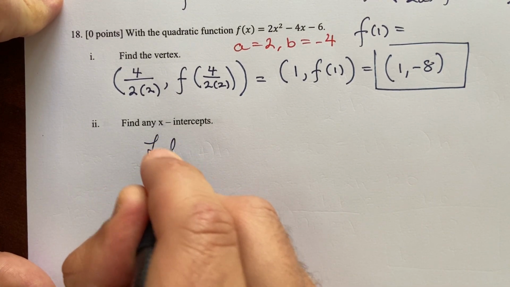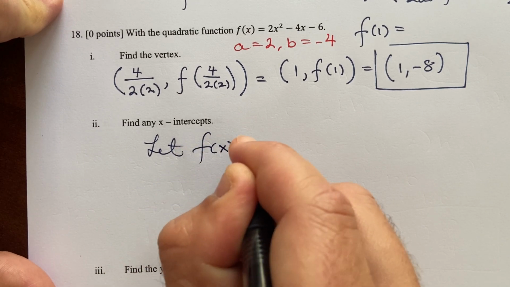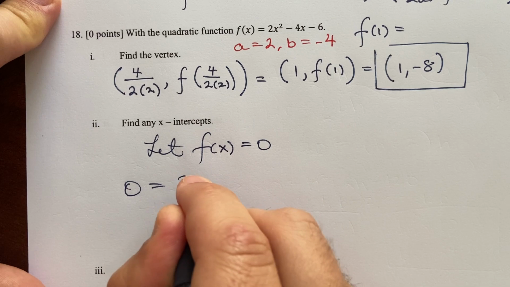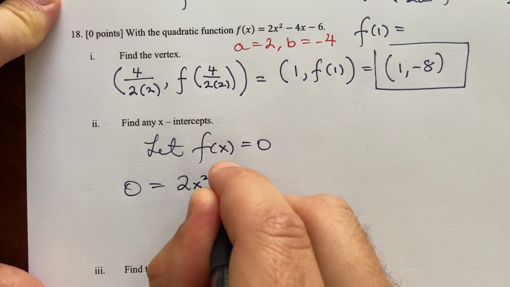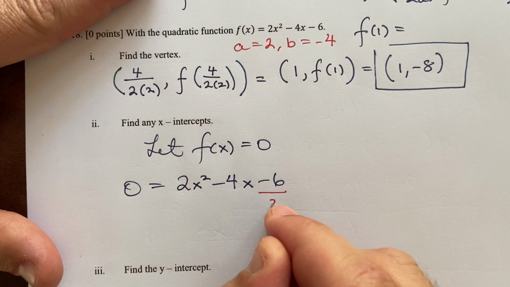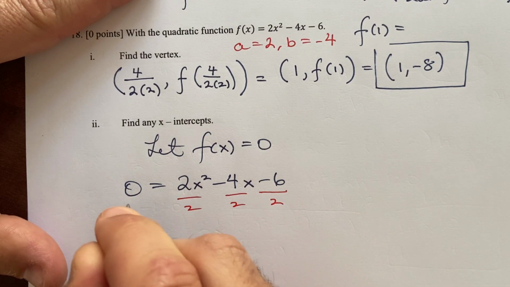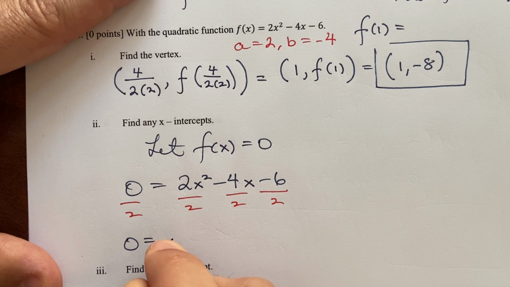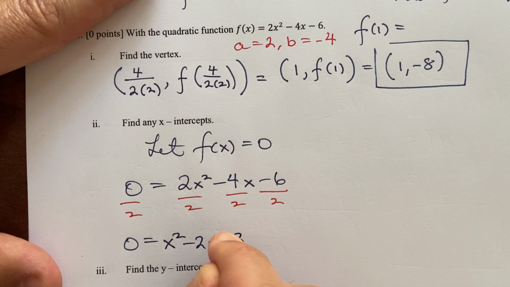So I'll let f of x equal 0 and solve. So 0 equals 2x squared minus 4x minus 6. Looks like everybody has a 2. I'll eliminate that 2. So 0 equals x squared minus 2x minus 3.